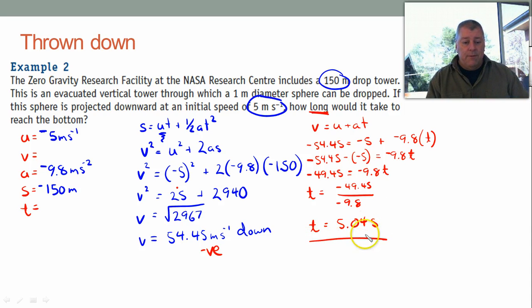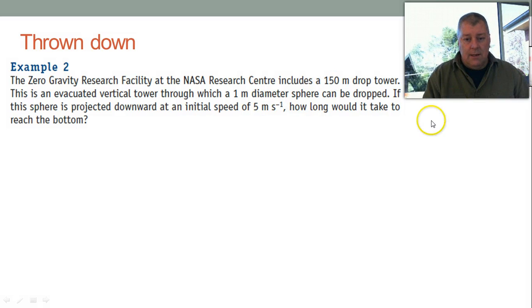It's a fairly long way of calculating t, but we're less likely to make mistakes if we're careful. So that's how to do that one. Let's move on to the next question.